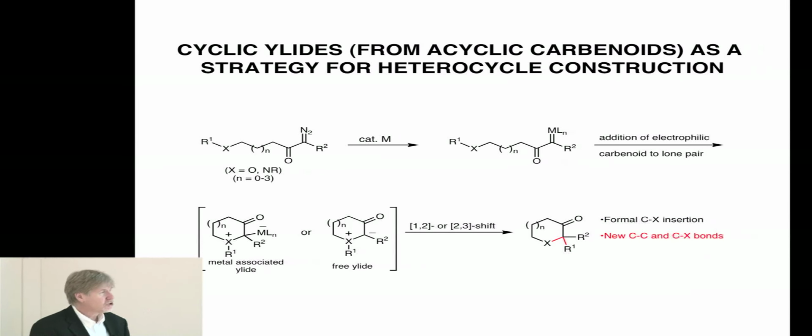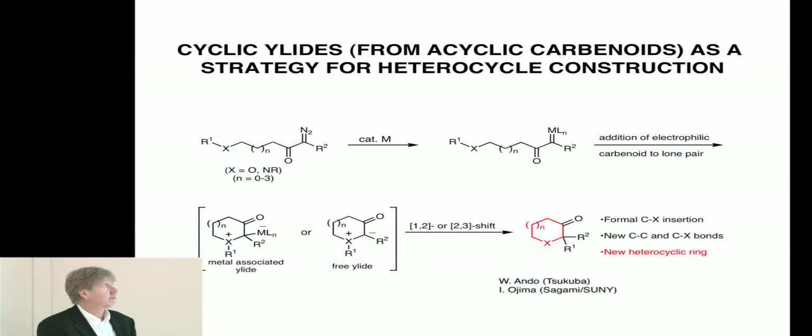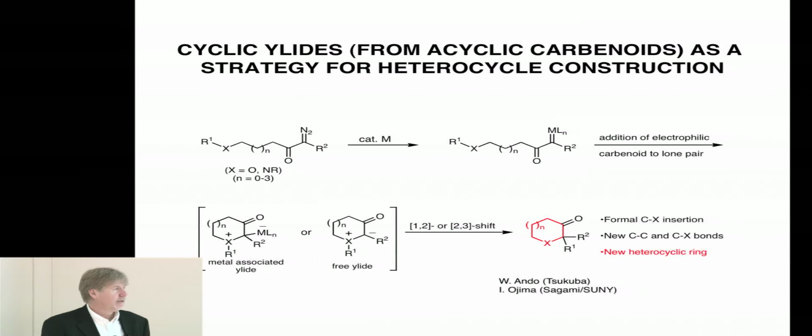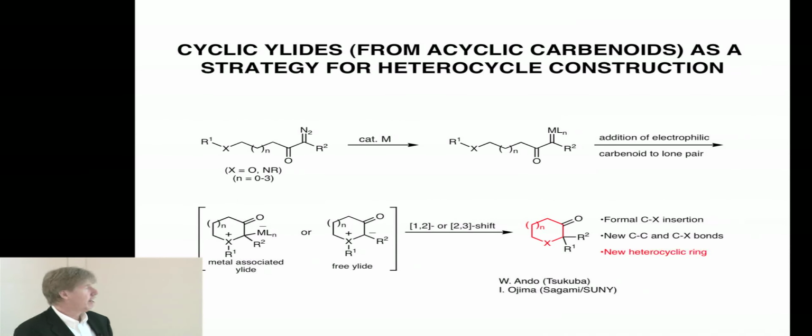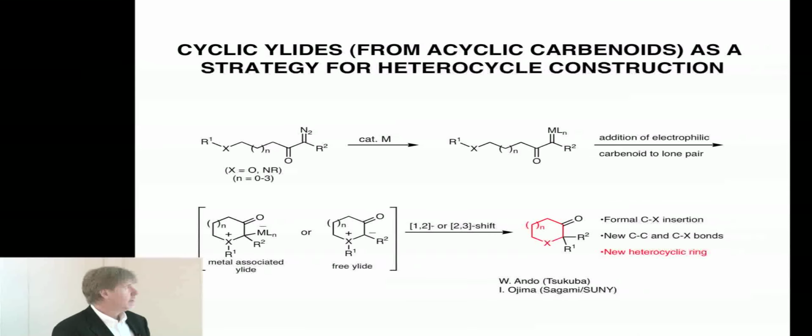From a bond formation standpoint, we've made two critical bonds, this carbon heteroatom bond and this carbon-carbon bond. And of course, because this is an intramolecular process, we have formed a ring, a heterocyclic ring, by this step right here.